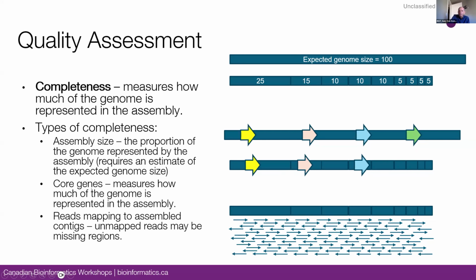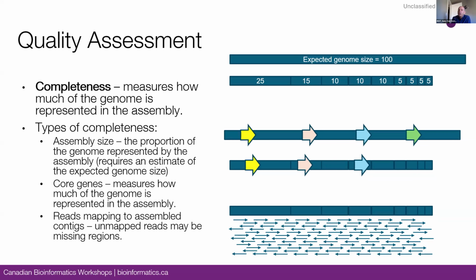Core genes is another measure of how much of the genome is represented in the assembly. Bacterial genomes contain a suite of core housekeeping genes that exist in just a single copy. They're called single copy genes, single copy orthologs, and they are distributed around the genome, and they're associated with different taxonomic groups or different lineages.